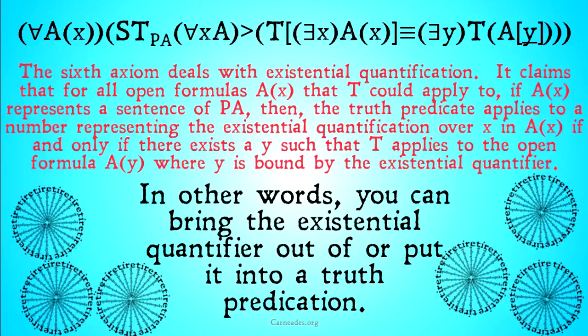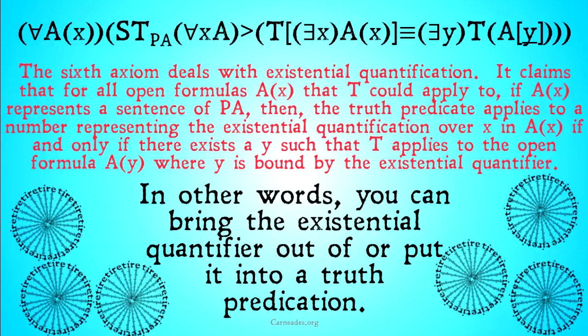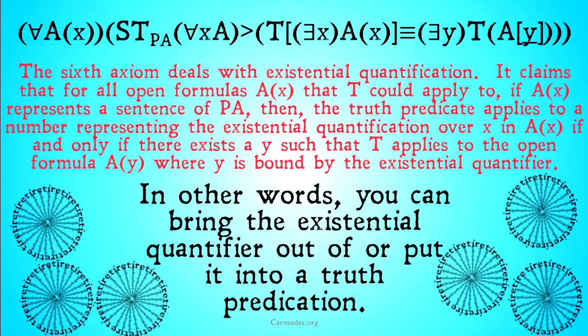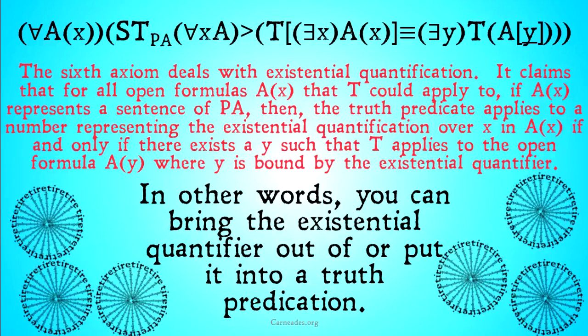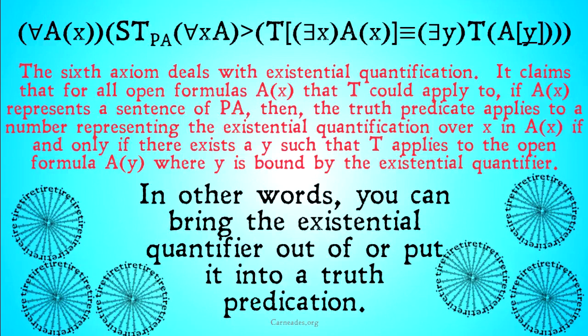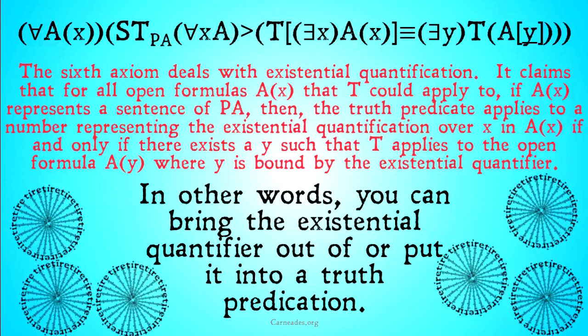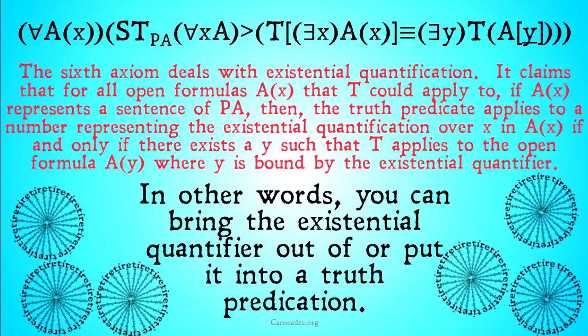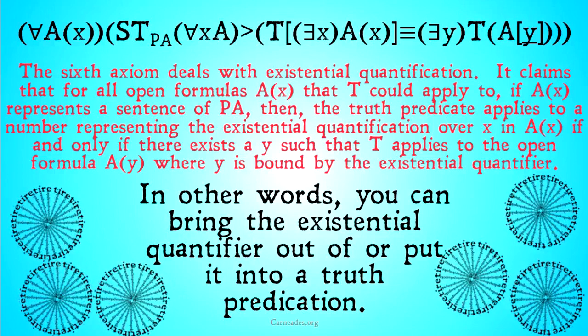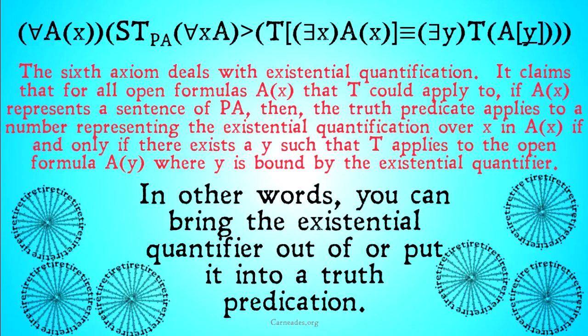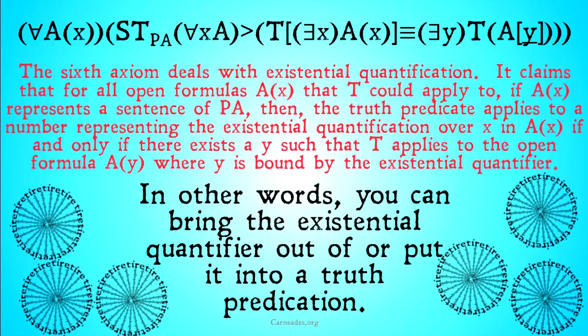In other words, once again, you can bring the existential quantifier out of or put it into a truth predication. And remember, when it's inside those square brackets, it's not actually listed as existentially quantified X. It's a bunch of numbers that represent that, next to a bunch of numbers that represent a formula with a free variable. Okay?